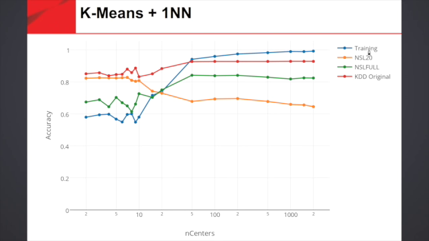You can see that the green line is also increasing with the number of centers. I think that's because the NSL4 dataset is similar to the training set. Centers both fit very well.